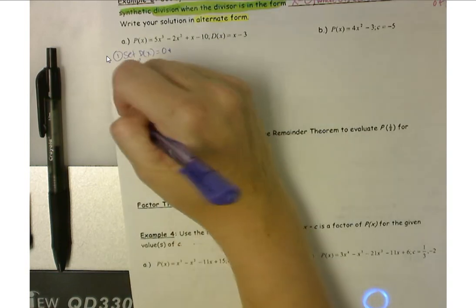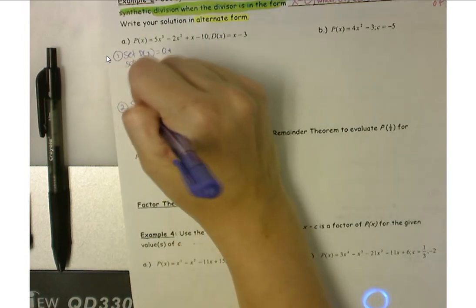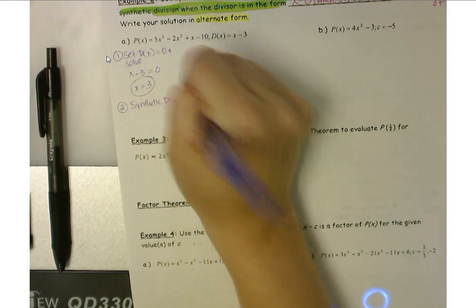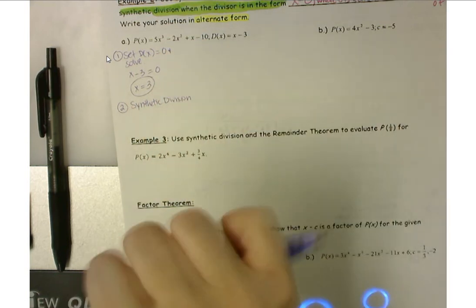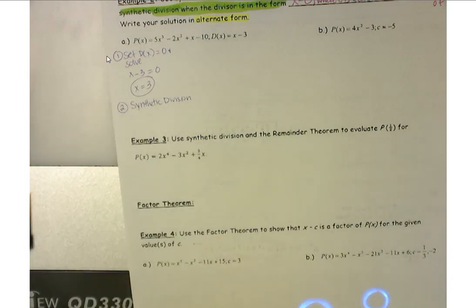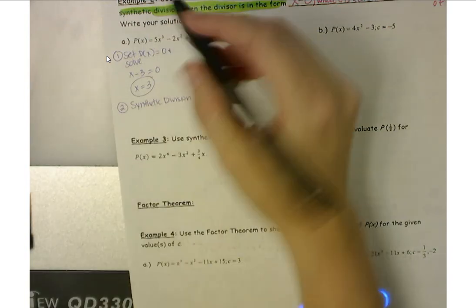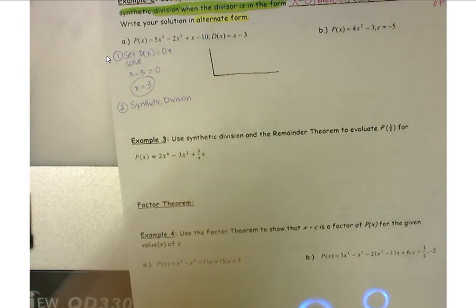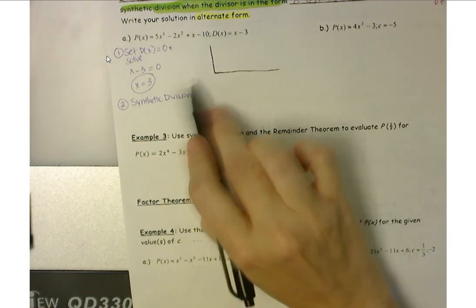Okay, so step 2 is the synthetic division. And I'm going to set it up over here, but I am going to run through what the steps are with you first, just in case we forgot some of those. Okay, so 3 is our divisor.